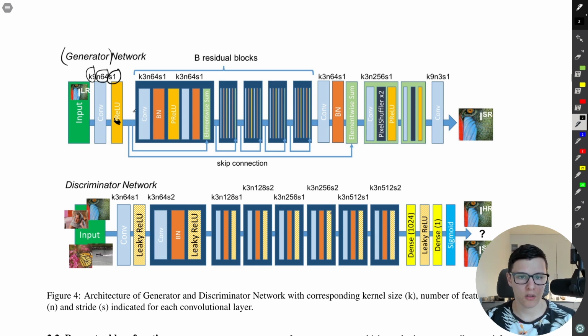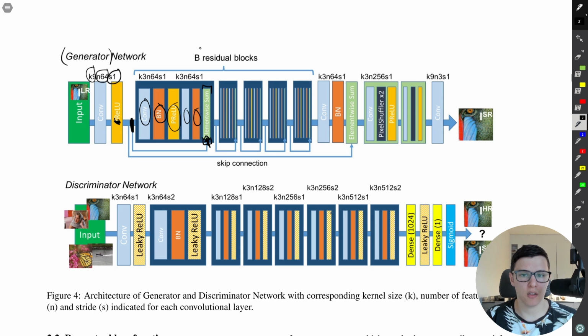And then they introduce these residual blocks. So they do conv, batch norm, parametric ReLU, again conv, batch norm, and then they do an element-wise sum with skip connections. So they take what they send in here, they do a skip connection, and they element-wise sum it over here, right? So that is one residual block.